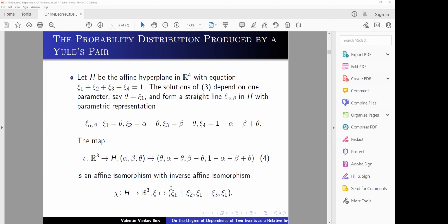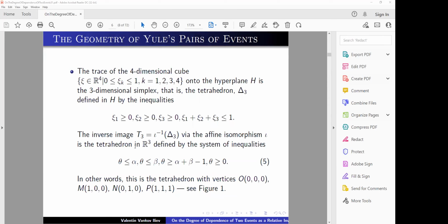And on the other hand, consider the four-dimensional cube, all those Xi1, Xi2 up to Xi4 such that they are between 0 and 1. Its trace on the hyperplane H is the three-dimensional simplex.